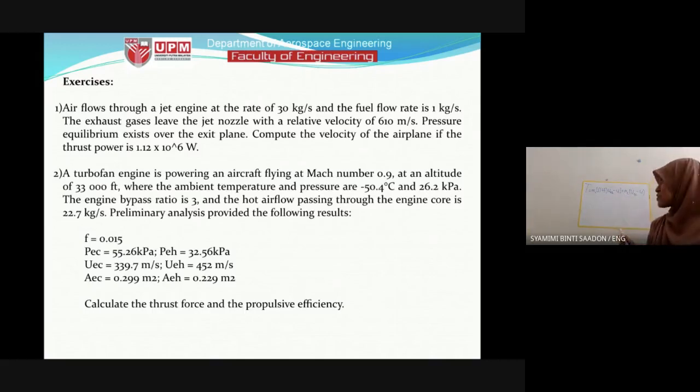Okay, so this term first. Both of these terms are the momentum thrust term.